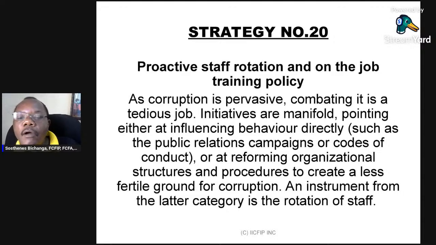To test the power of this policy instrument, research should always be conducted so that the effectiveness is proved. Otherwise, the implementation of the rotation will be an unnecessary cost to the government or the organization if the benefits are not confirmed.